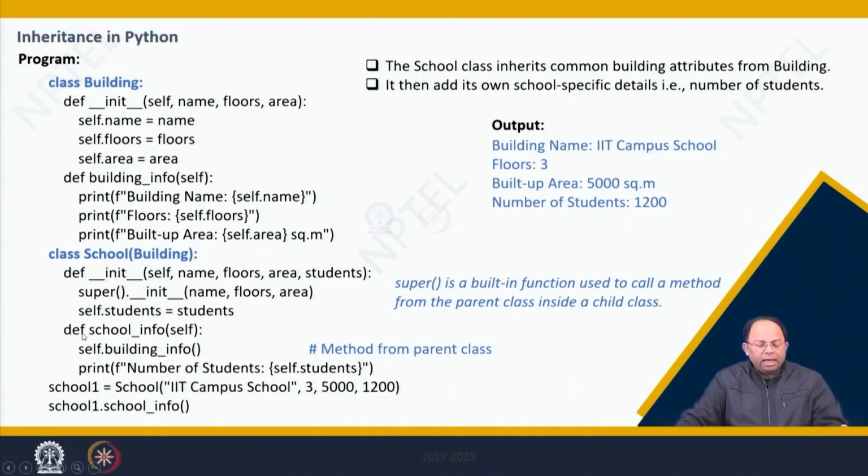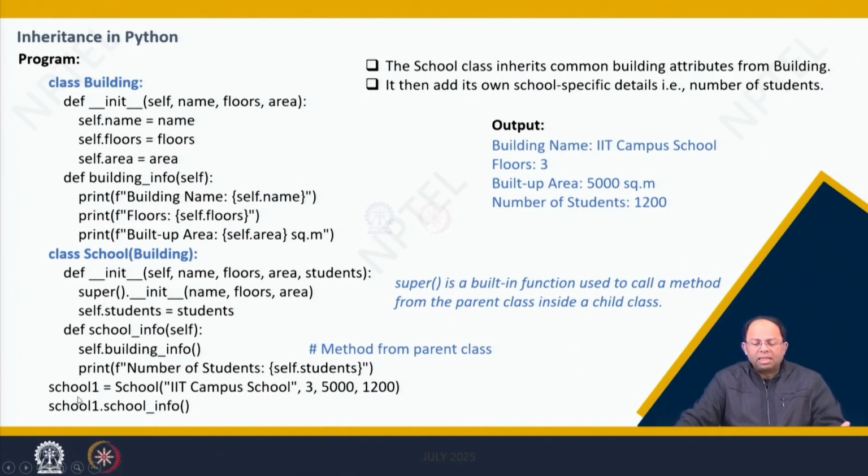So over here we are defining a function called school_info(self), and within that we are also calling self.building_info, which is actually the function from the parent class. And then we print number of students, self.student, and then this is the end of the definition of the class.